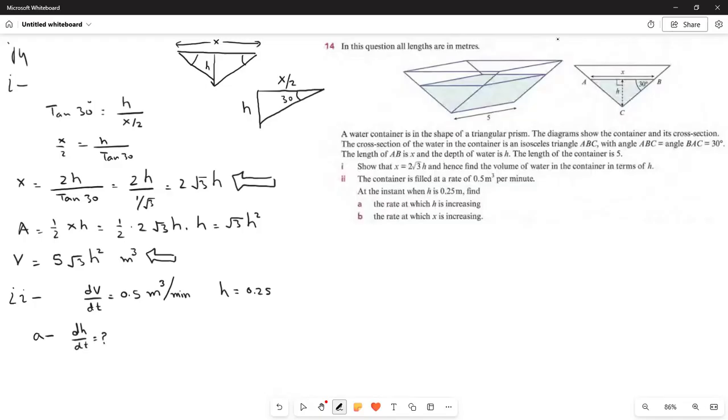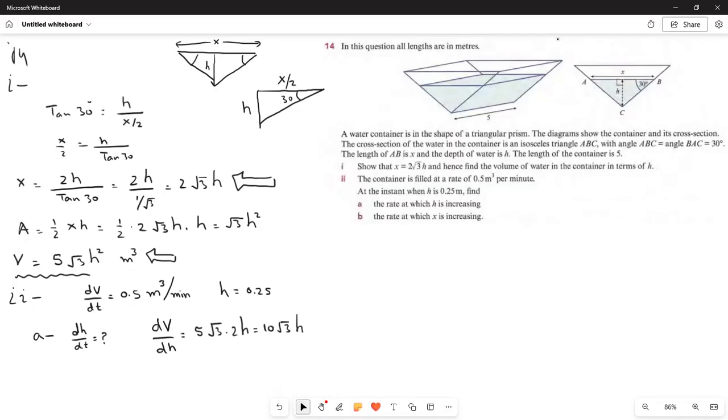You can see from this expression, how much is dV by dh? If we differentiate this volume with respect to h, it is going to be 5 root 3 into 2h, so this is 10 root 3 into h.